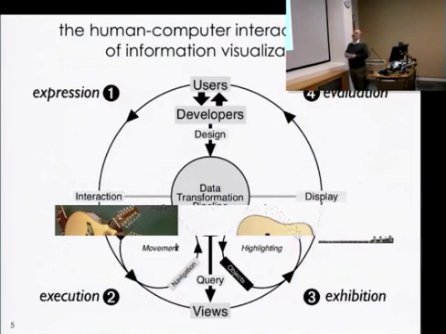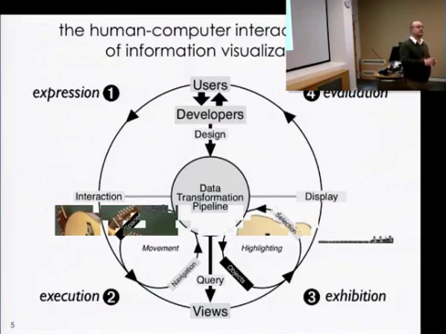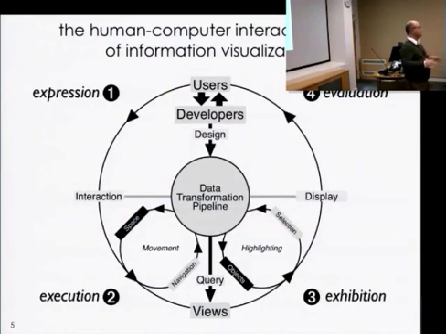So let's have a look at kind of what happens in the complete life cycle of interaction within a visualization tool, particularly one that goes beyond just allowing you to merely browse, that actually allows you to build something. Right? Most of the visualization capabilities that we have typically involve two separate phases.